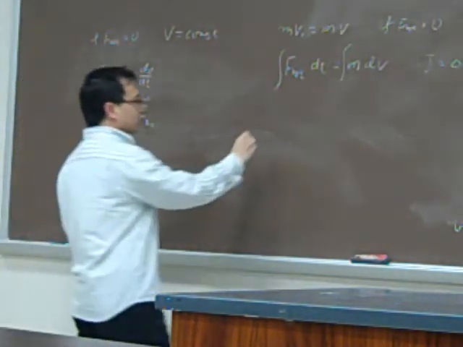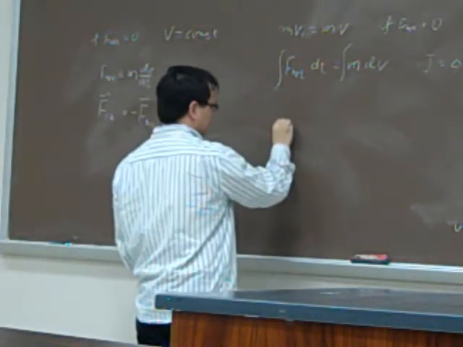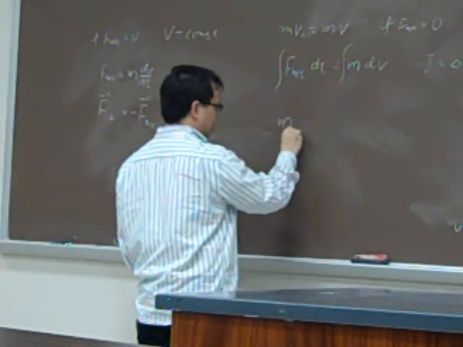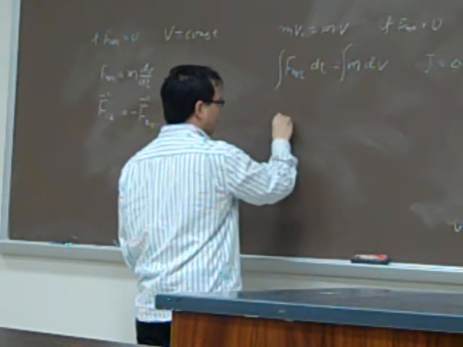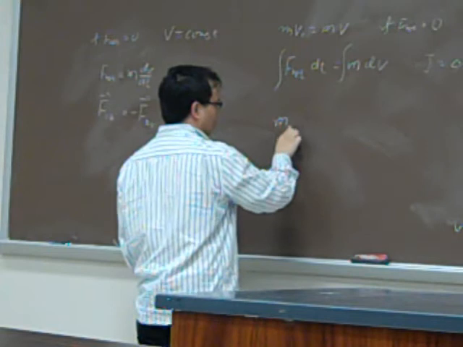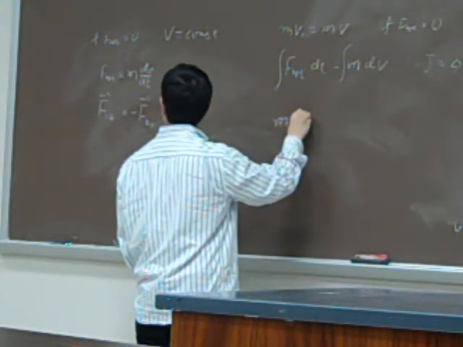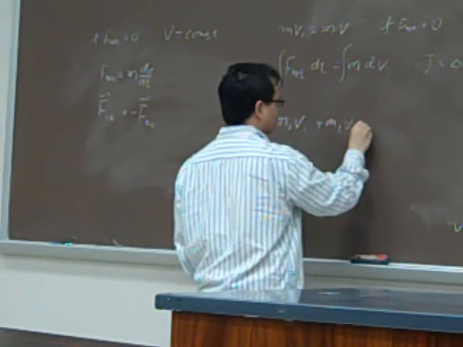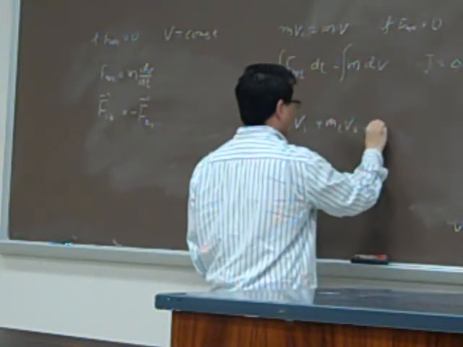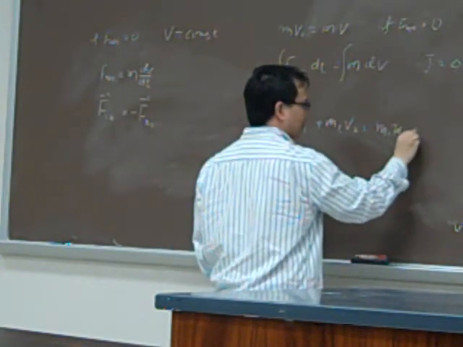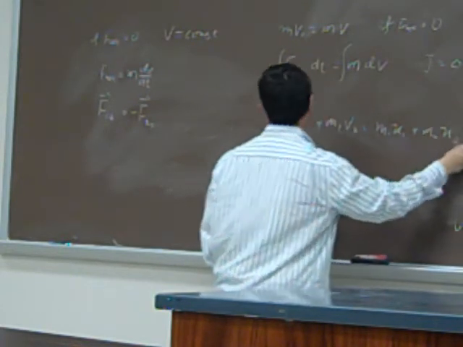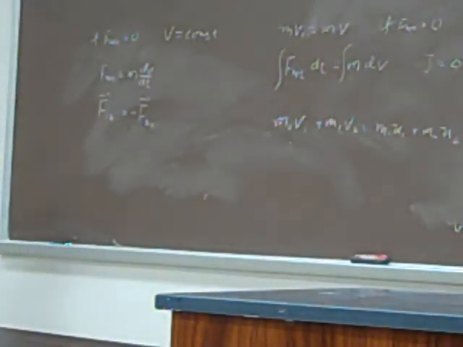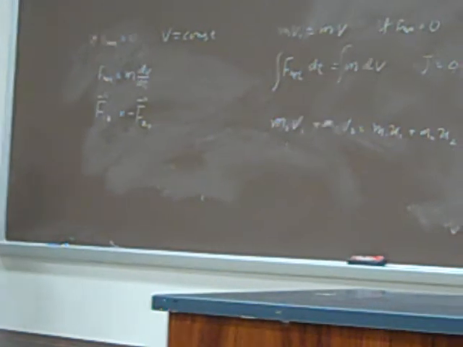And here, for two objects, you have m1 v1 plus m2 v2 equals m1 u1 plus m2 u2. Okay, let's see the equivalence between the two.